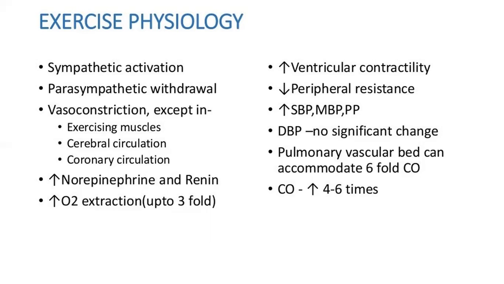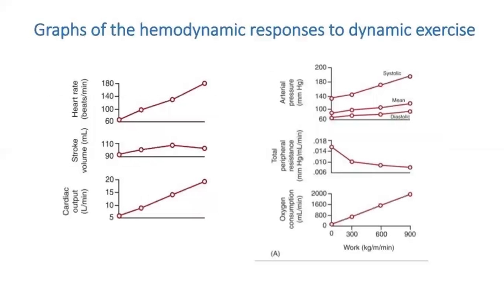Increase in ventricular contractility, decrease in peripheral resistance, increase in SBP, MBP, and PP. DBP has no significant change, and the pulmonary vascular bed can accommodate 6-fold CO, so CO increases 4 to 6 times.